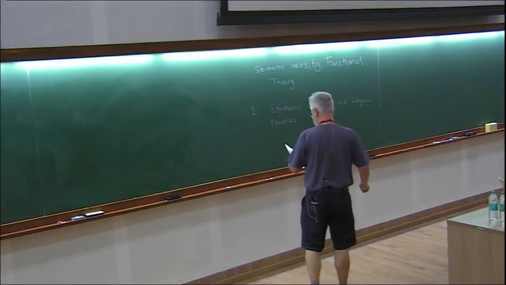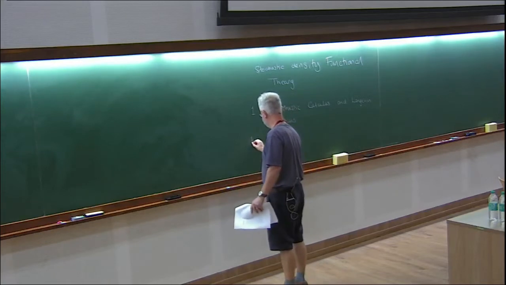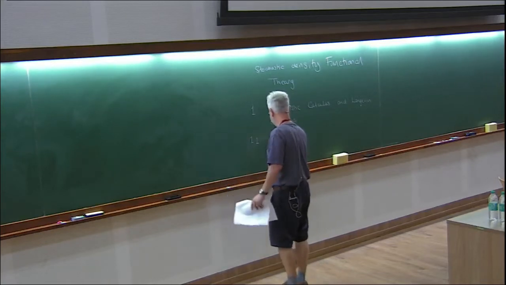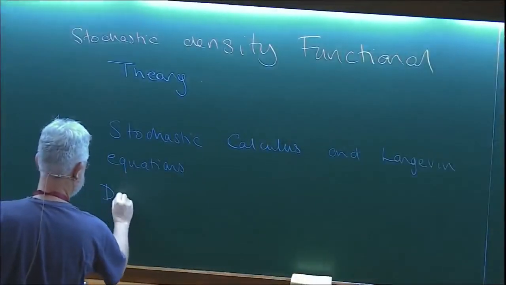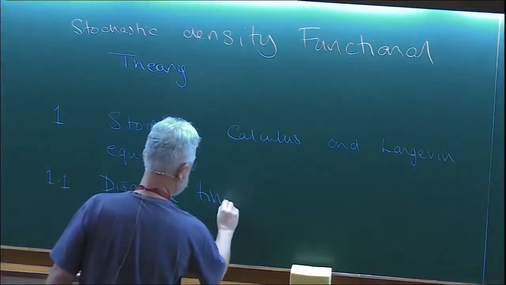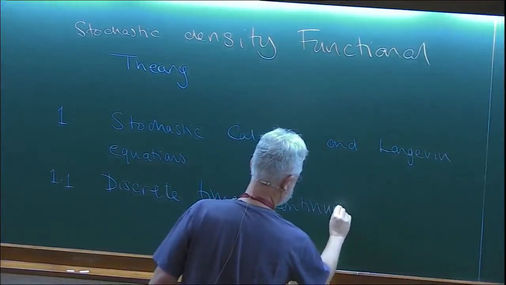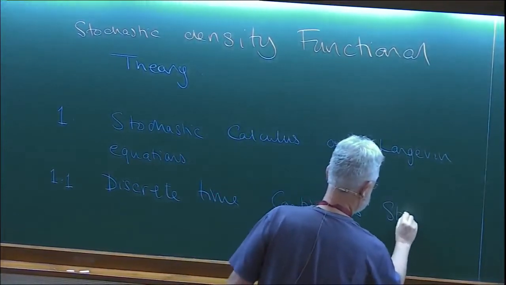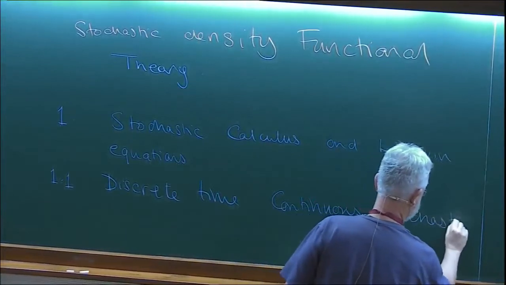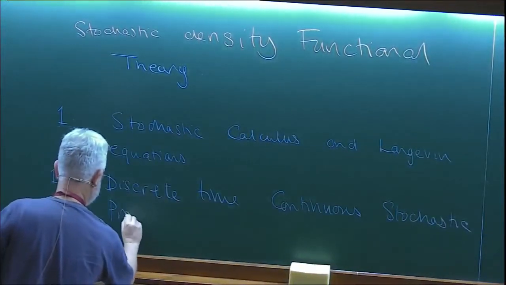Okay, so I'm going to start off by looking at discrete time continuous stochastic processes. I'm basically going to construct Brownian motion.